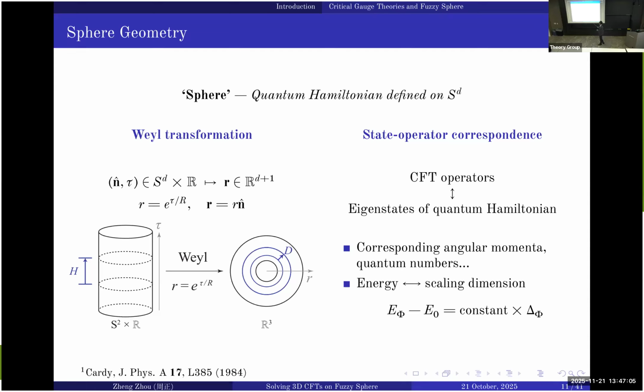And more importantly, the Hamiltonian, which sends one time slice to the other, is mapped to the dilatation operator, or the scale transformation that sends one concentric circle to a larger one, which means that their eigenvalues should correspond. The scaling dimension of the CFT operator is proportional to the excitation energy of the eigenstate of the quantum Hamiltonian. This means that to extract the scaling dimensions, we no longer need to do very complicated finite size scalings. We only need to read it from the eigenspectrum of the quantum Hamiltonian.